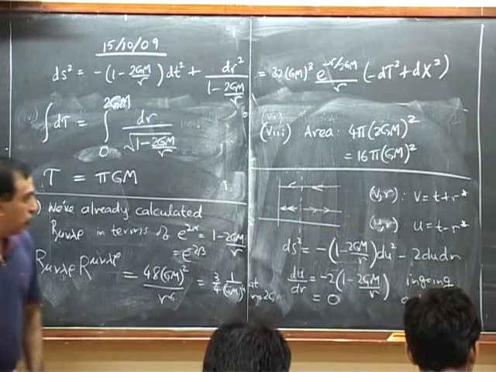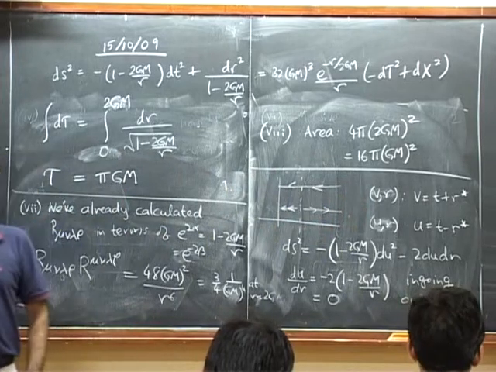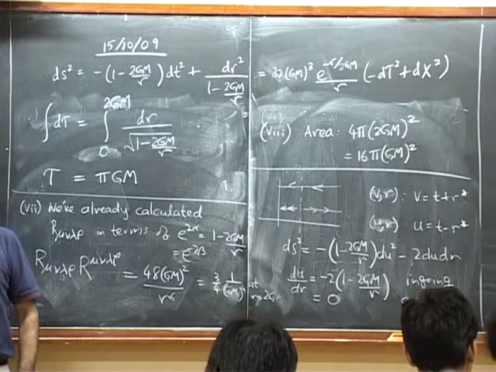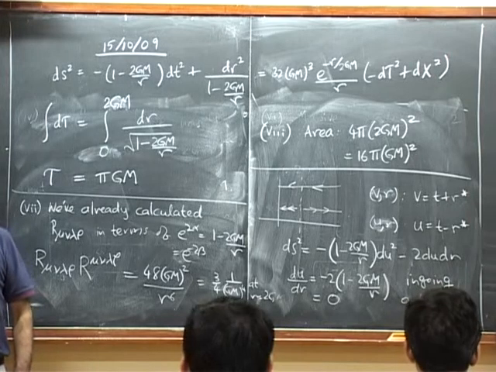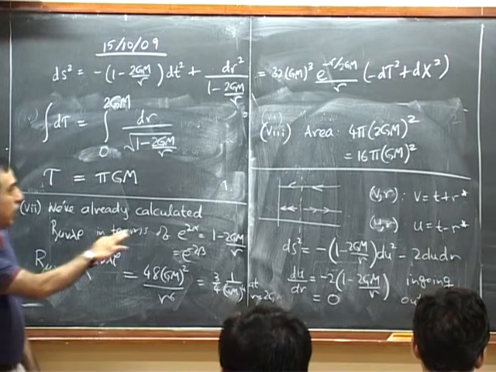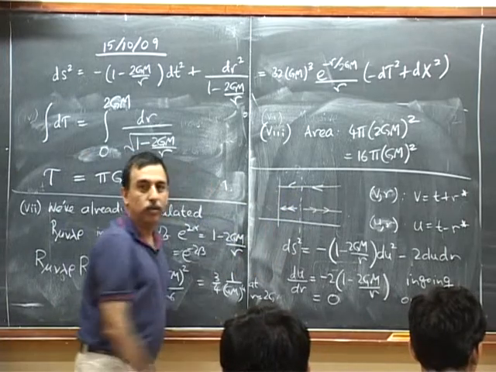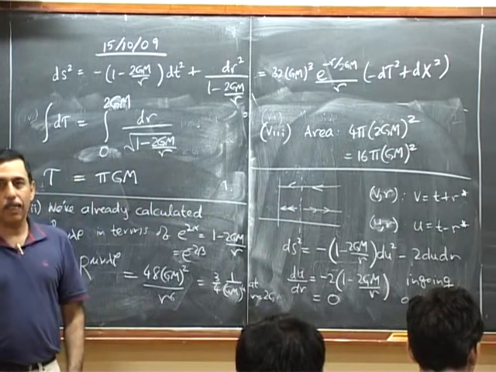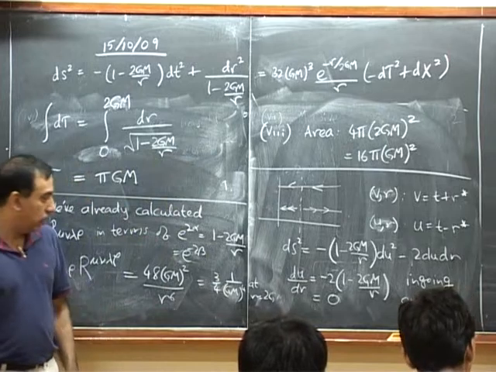Remember that these u and v were defined last time exactly so that one of them should be constant on ingoing geodesics and the other constant on outgoing. So v is constant on ingoing geodesics and that we've used to argue all this, but now u is constant on outgoing geodesics. Okay? Good.